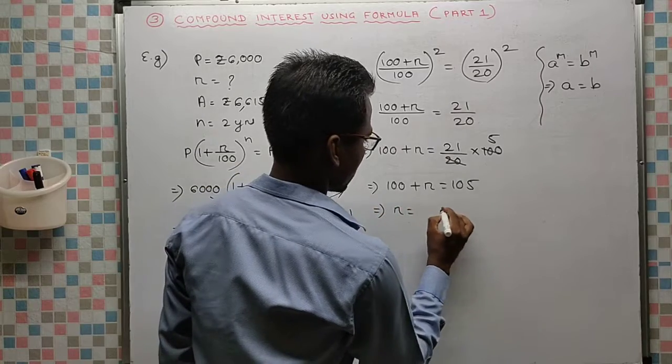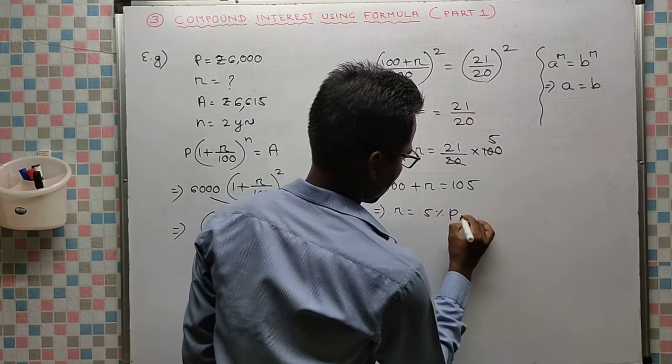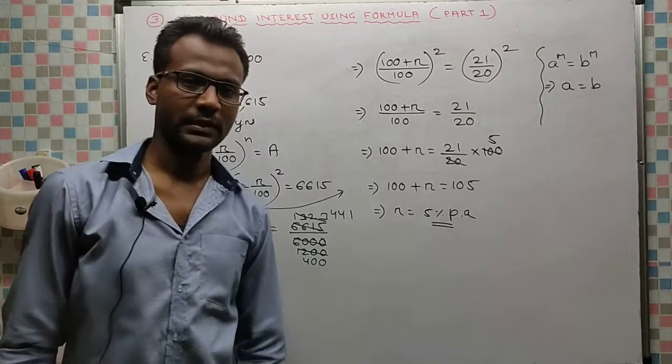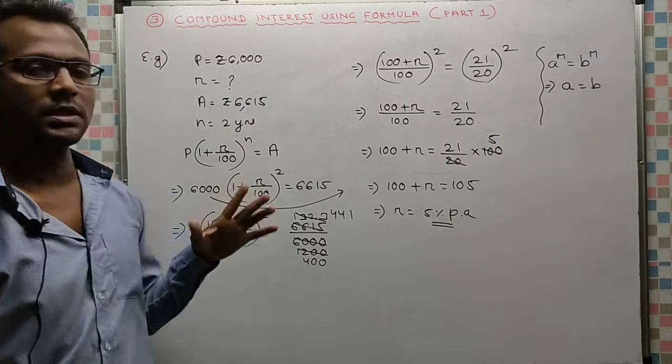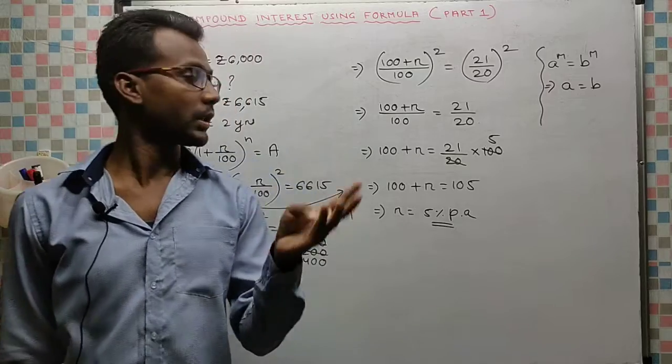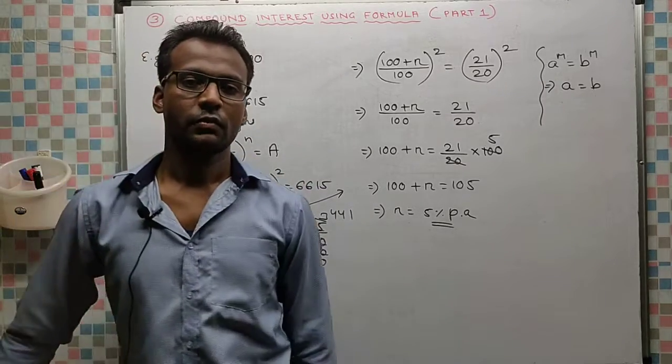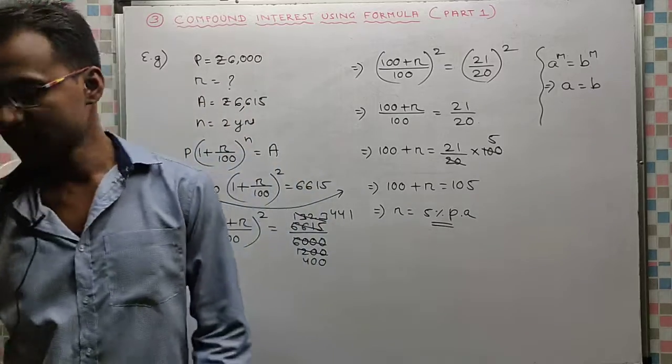So R is equal to 5% per annum. So the single formula is giving all the answers: amount, principal, then we got the rate of interest. Now suppose we have been asked to find time.